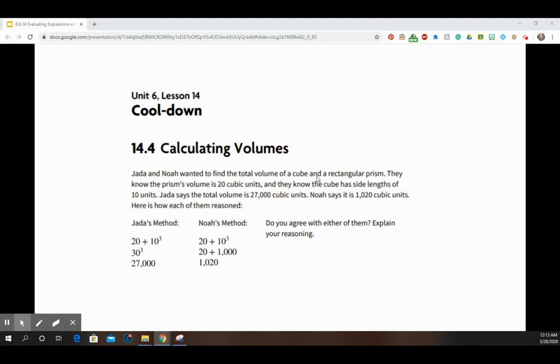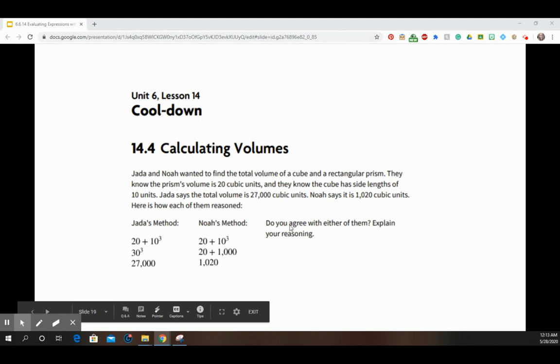And that's for a rectangular prism and then a cube, okay? Jada says the total volumes of both combined would be 27,000 cubic units. Noah says it's 1,020 cubic units. Here's how each of them reasoned, what work they did. Do you agree with either of them, yes or no?